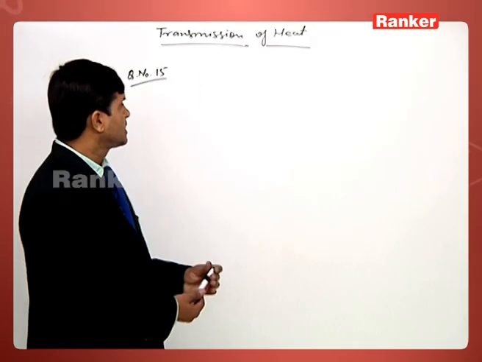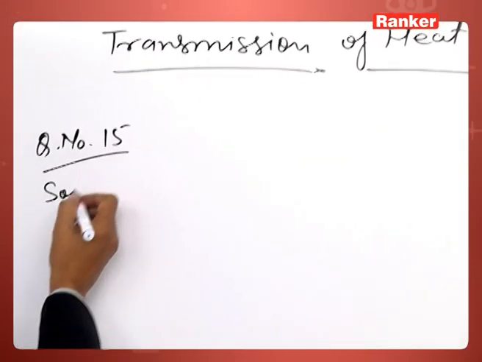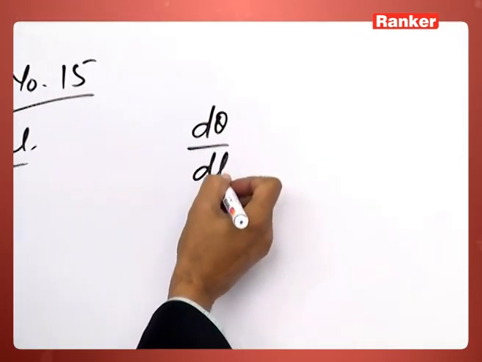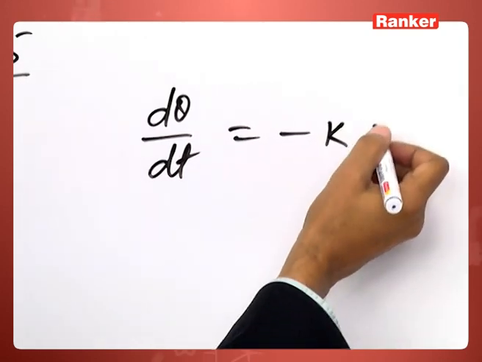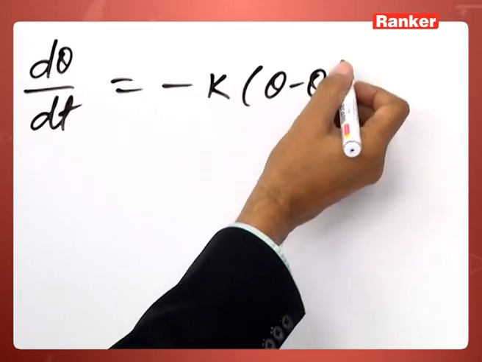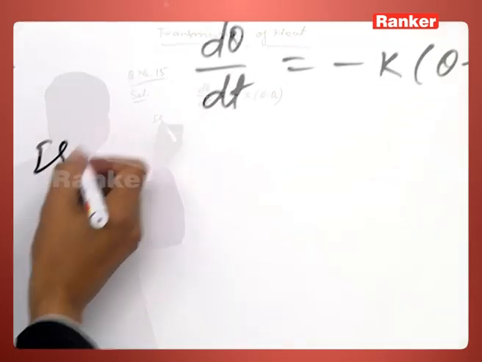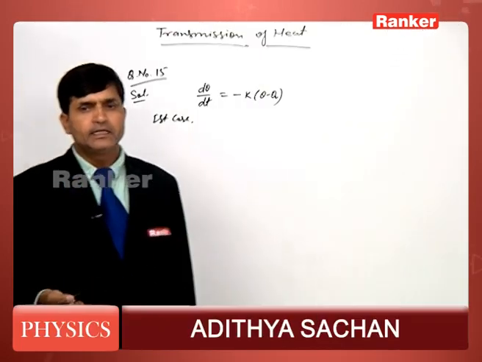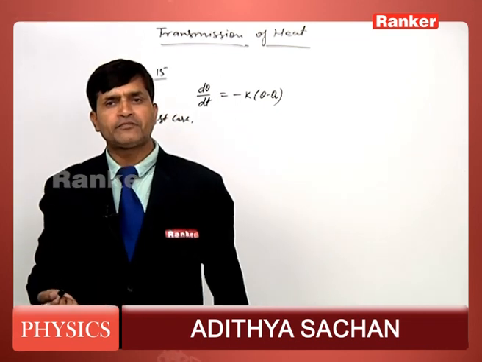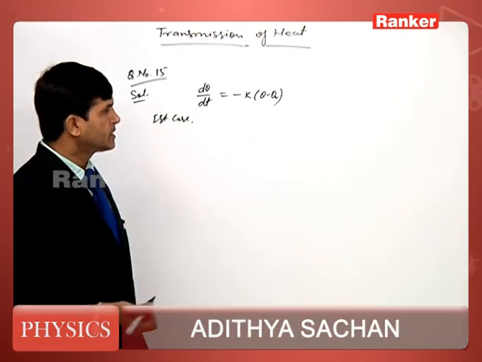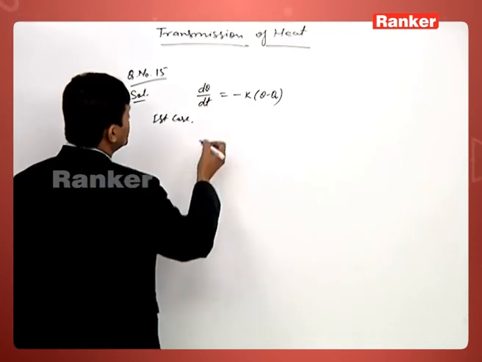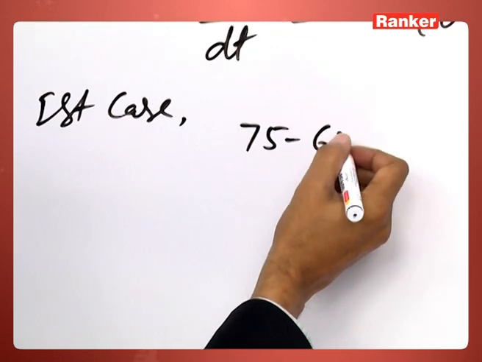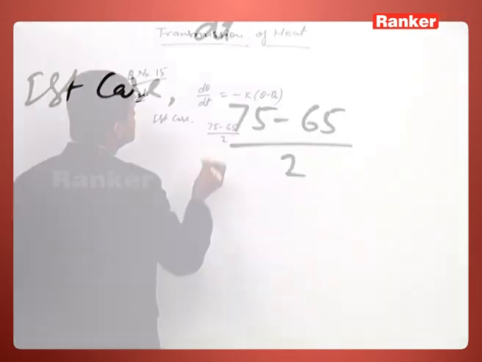Now see, according to Newton's law of cooling, d theta by dt is minus k into theta minus theta naught. First case: the change in temperature is 75 to 65 in 2 minutes.